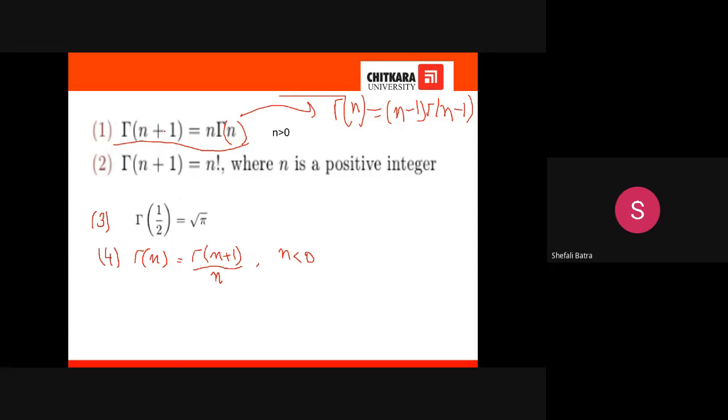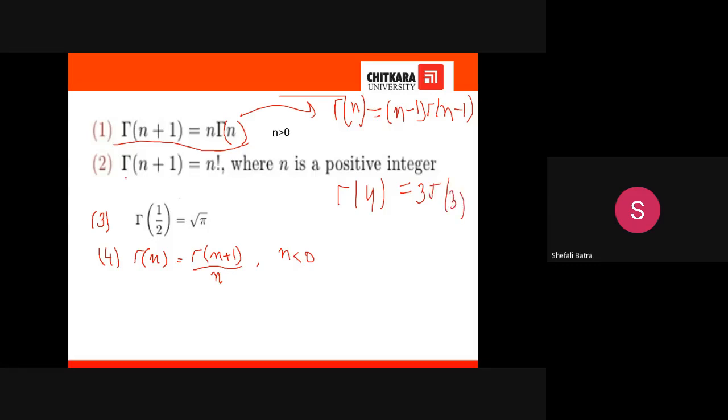If you are decreasing this n plus 1 by one, you will be decreasing this n by 1 as well as this by 1. So gamma n would be equal to n minus 1 gamma n minus 1. If I am asking you, write gamma 4 in terms of gamma, what will you be doing? This is your 4. 4 minus 1, 3 and gamma 3.